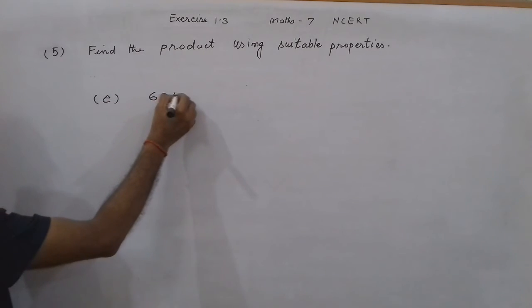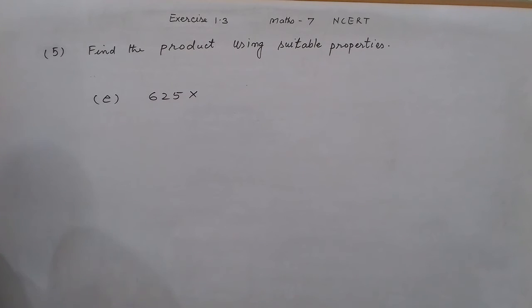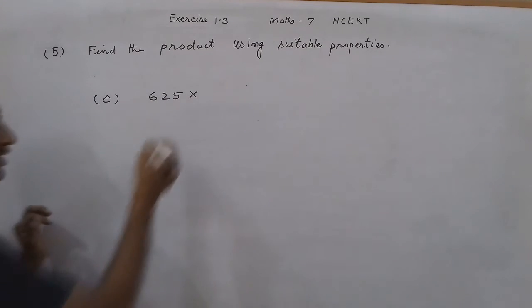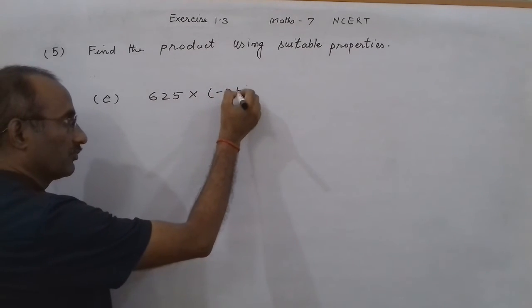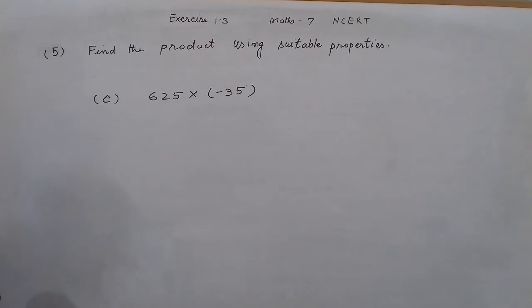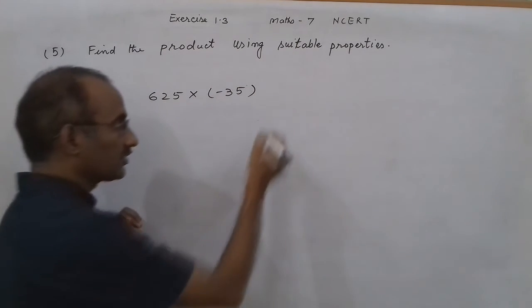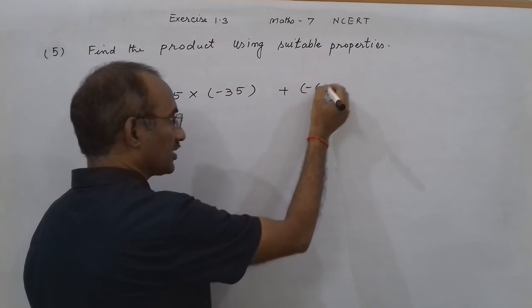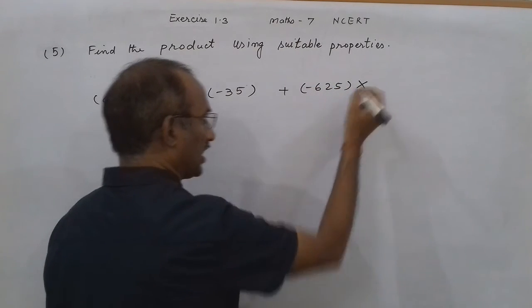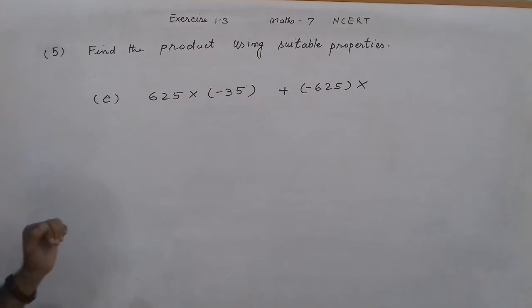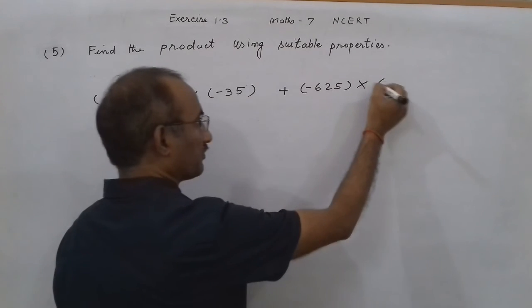Here we have 625 multiplied with minus 35 and plus minus 625 multiplied with 65.